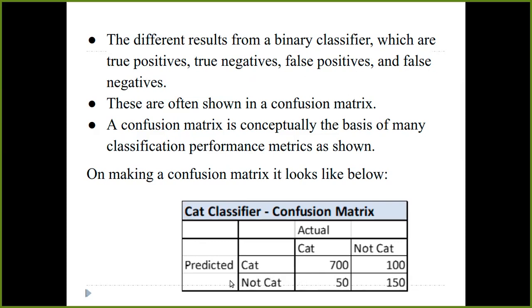True negatives means the model categorized them into the not cat category, and this is also a true result. So this will be true negatives, true positives, false negatives, and false positives. This is my confusion matrix for the cat classifier, and this is actually the main basis.